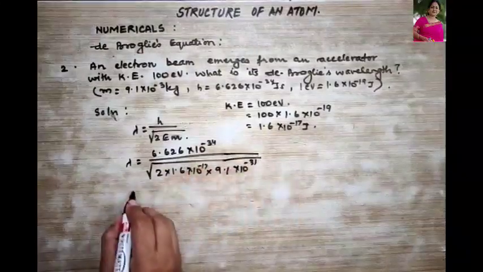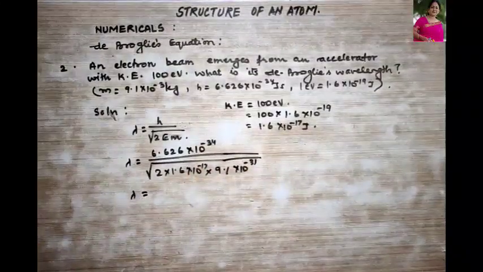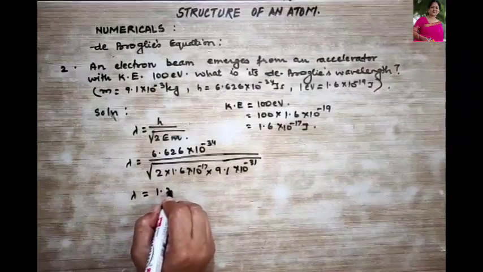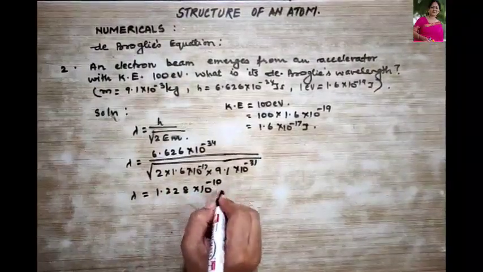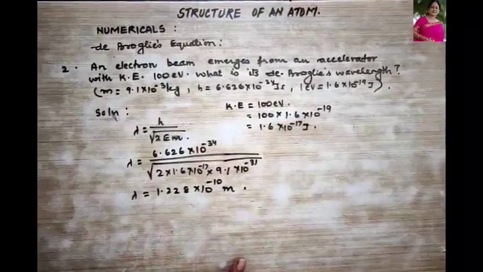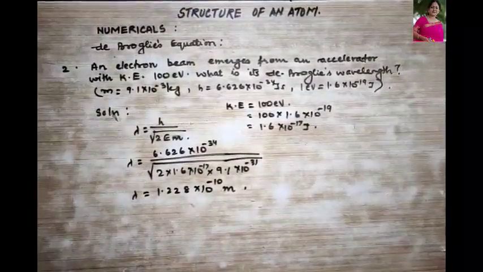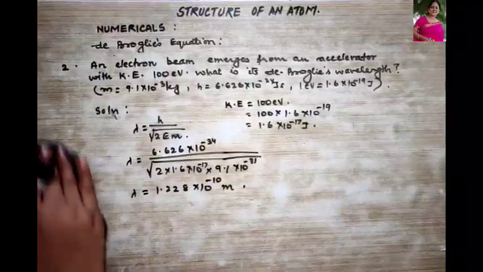So when you solve all this, what do you get? The wavelength will be equal to 1.228 into 10 to the power minus 10. Clear? So these are all formula based questions. Let's take one more question.